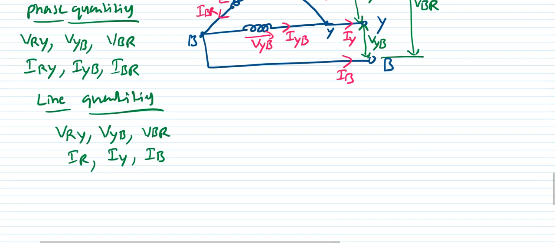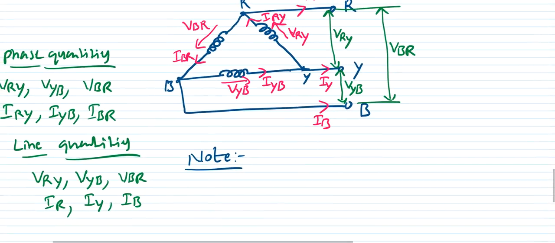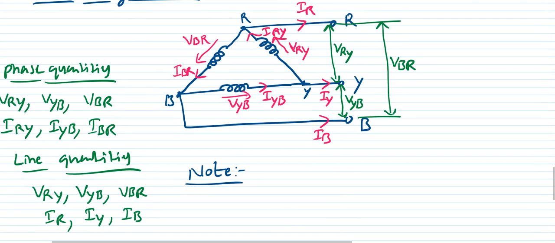So what is the observation we made from this diagram? The first observation in case of delta connection is that the phase voltage is equal to the line voltage, because this is the voltage appearing across these two lines, R and Y. So this voltage is equal to this voltage.